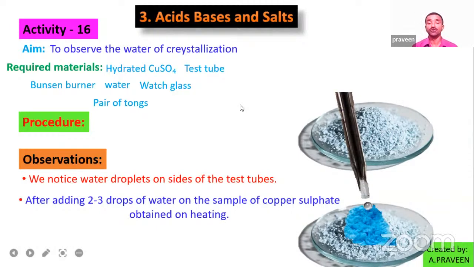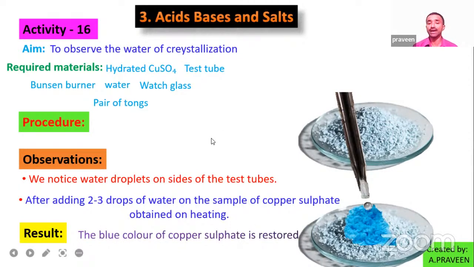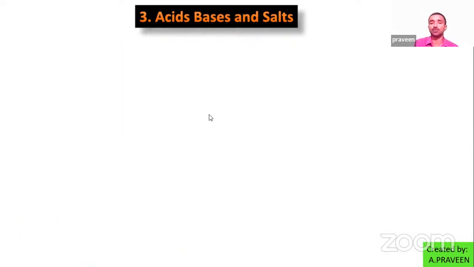So we can define what water of crystallization is: the number of water molecules present in the solid salt is called water of crystallization. So our result is that the blue color of copper sulfate is restored by adding water.